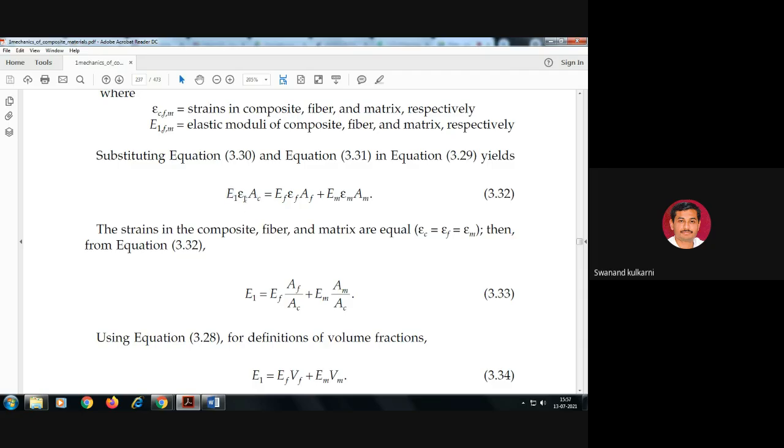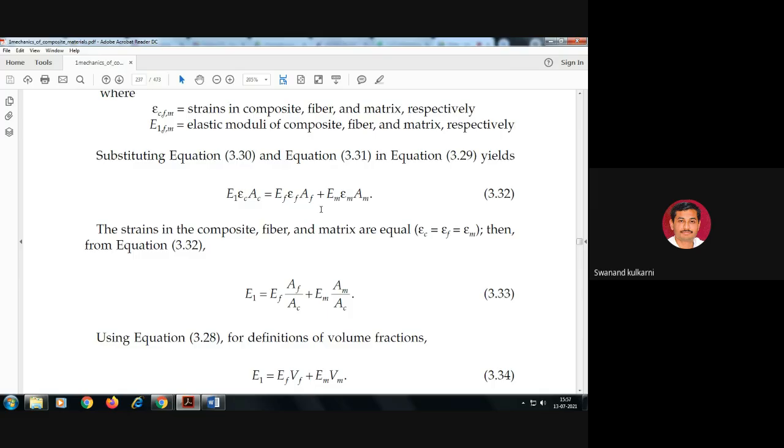So the strain is the same in all, because strain is change in length to the original length. If the length is going to change, then the fiber will also expand with the same dimension, the matrix will also expand with the same dimension, and the composite will also have the same dimension. Is it okay? So change in length will be the same for all and original length is also the same for all. That's why strain for all will be equal.